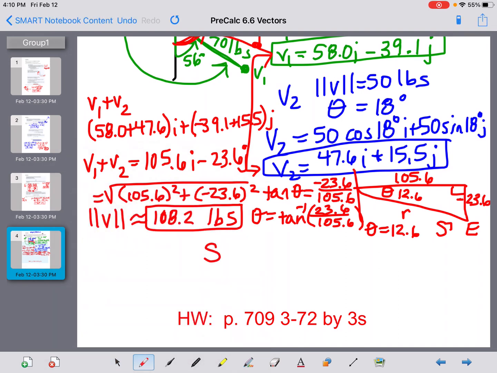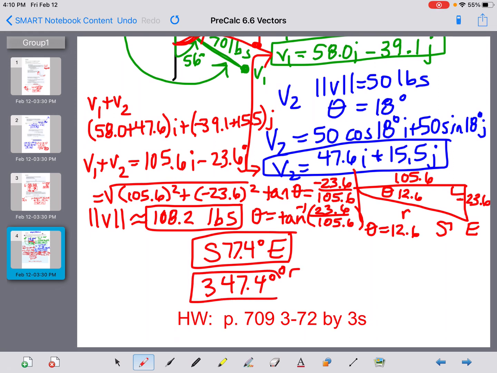So I'm going south, I'm going east, and it's 77.4 degrees in there, okay? Now, you also have the option of telling me that it's 347.4 degrees, because that would be from the zero. So you can either use the bearings or you can go from zero. I'll take it either direction, okay?